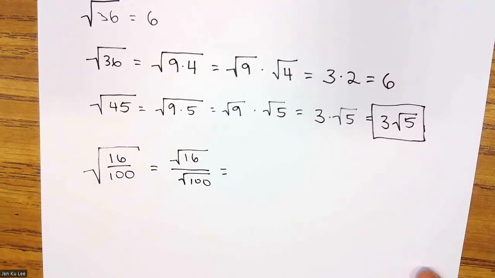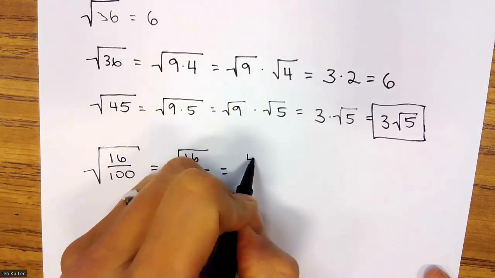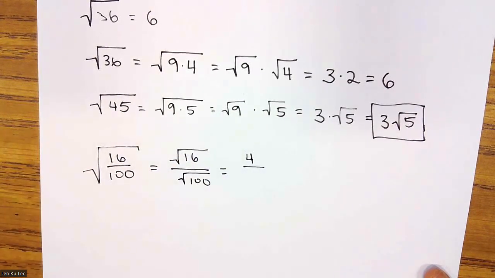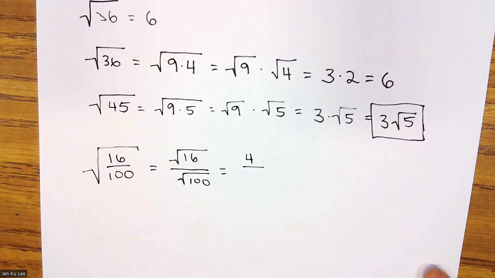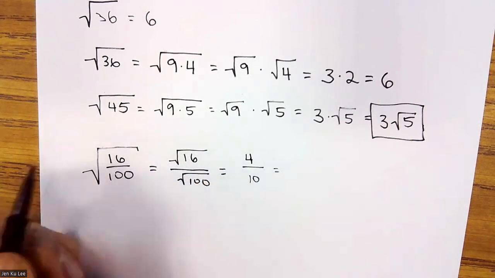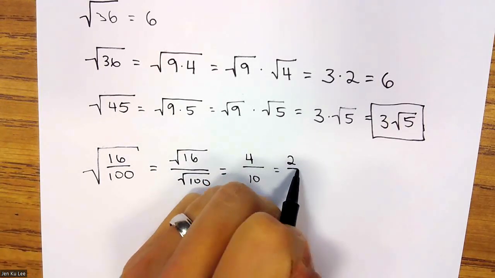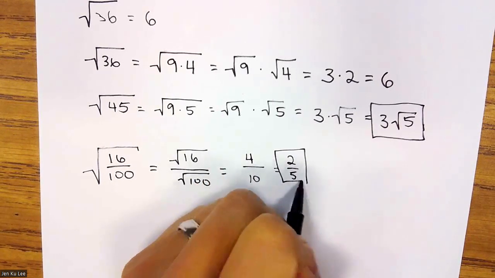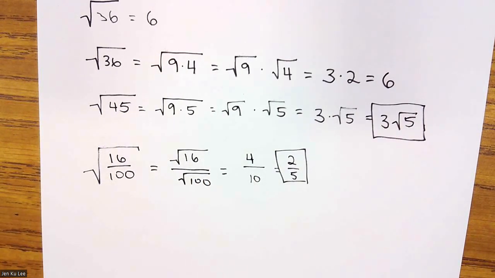What's the square root of 16? 4 over square root of 100? 10? Okay. Which we can break down into 2 over 5. Right? Okay.